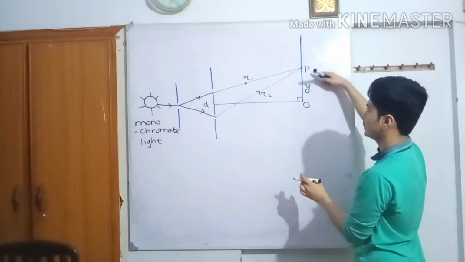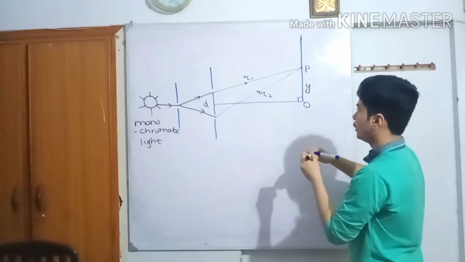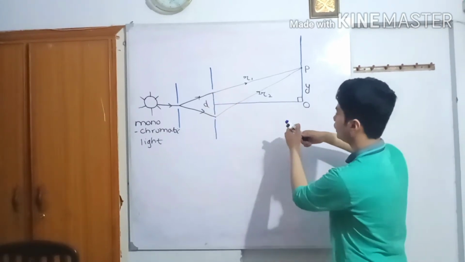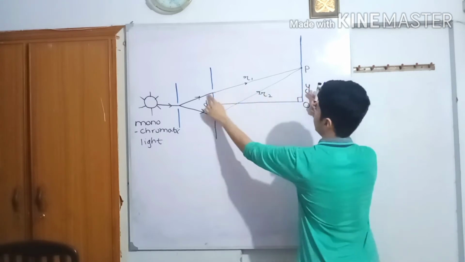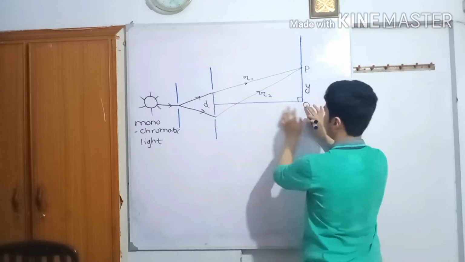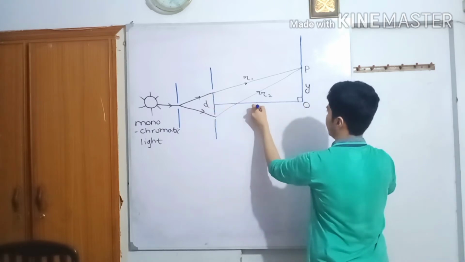This is the distance between O and P, y. The distance between the two slits is D, and the distance between the slits and the screen is L.